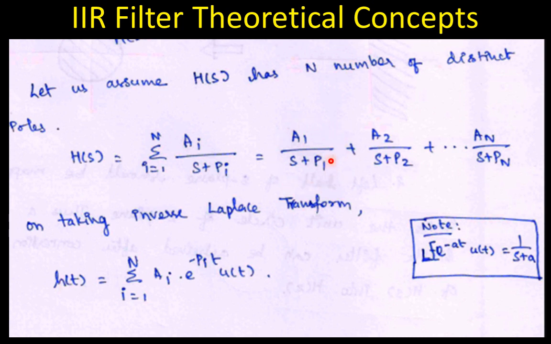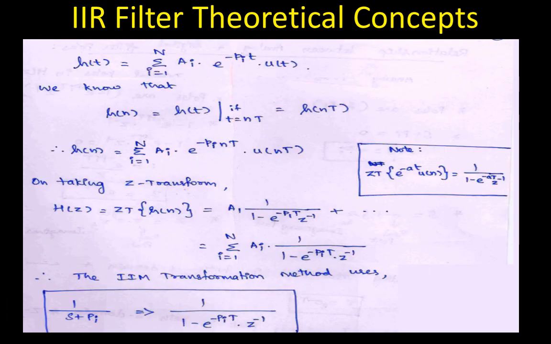If we apply inverse Laplace transform for this particular format, this A i, the numerator constant term, can be separated out as common. So this 1 divided by s plus p i can be represented as, instead of small a we have p i over here, so instead of e power minus at, you can represent it as e power minus p i t into u of t.